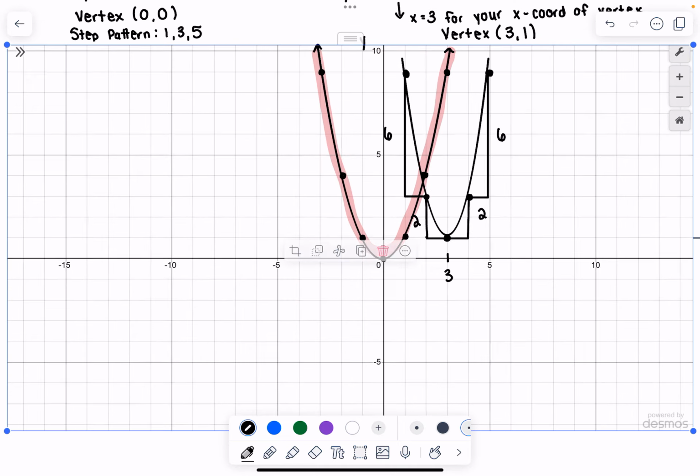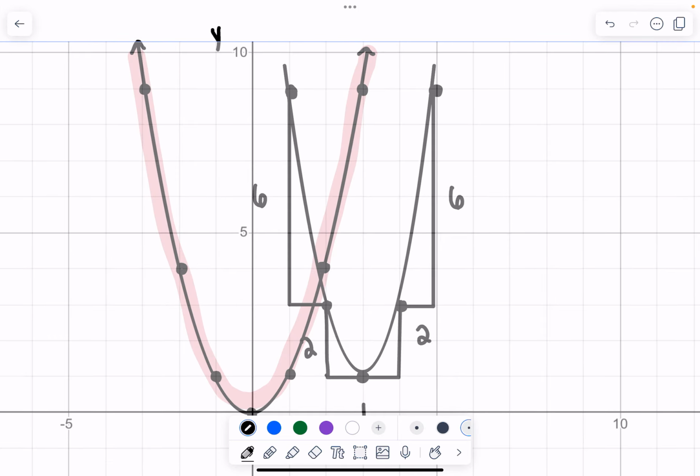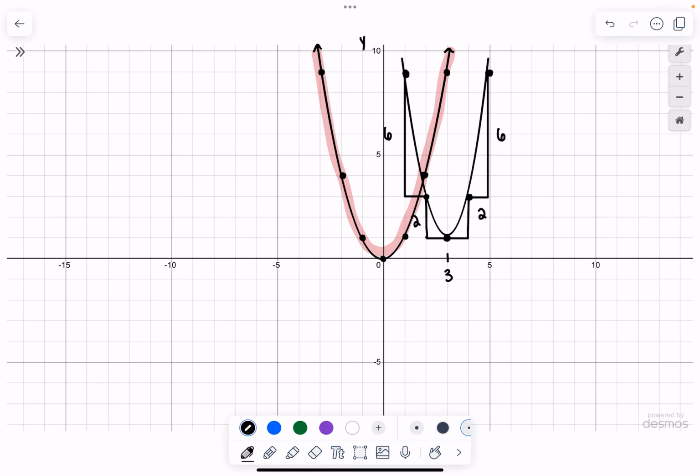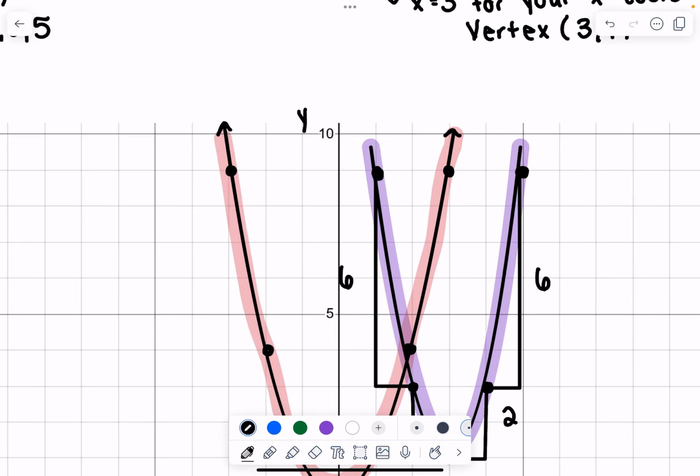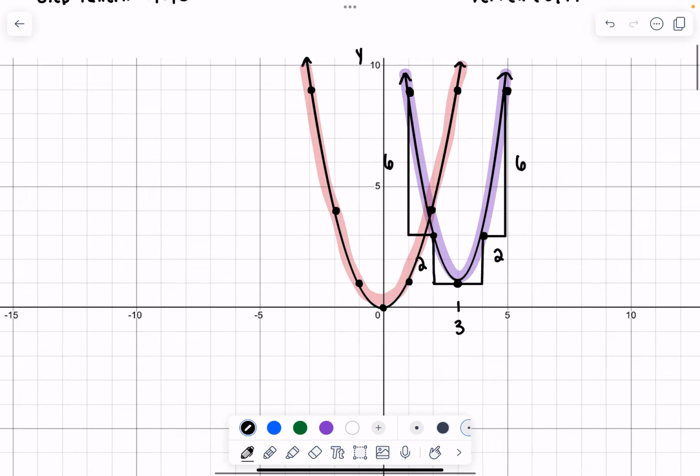There we go. Okay, get it as accurate as I possibly can. And then I'm just going to highlight it with that same purple color so that I can see the difference. I can also stick arrows just to show the end behavior, so both graphs are definitely going upwards.